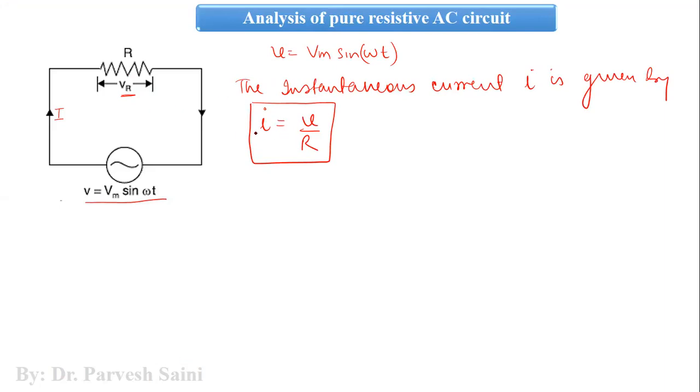That means this current I will flow for one half cycle in this direction, let us assume, and for the other half cycle, it will flow in this particular direction. So it is given by I is equal to V by R.